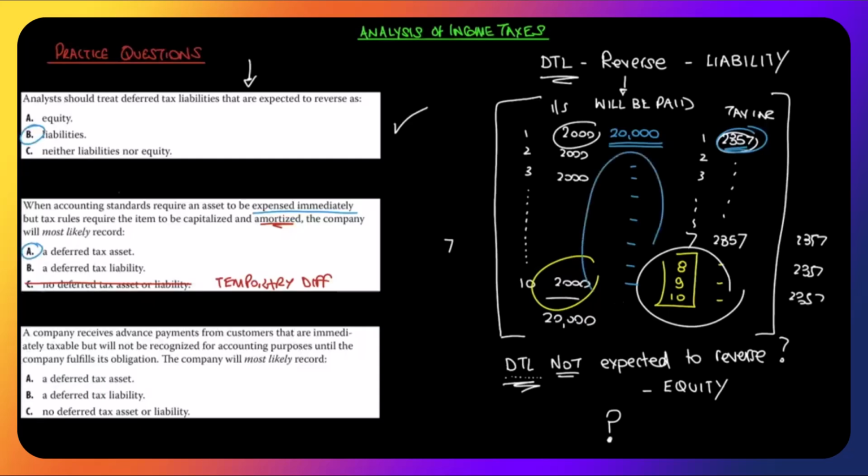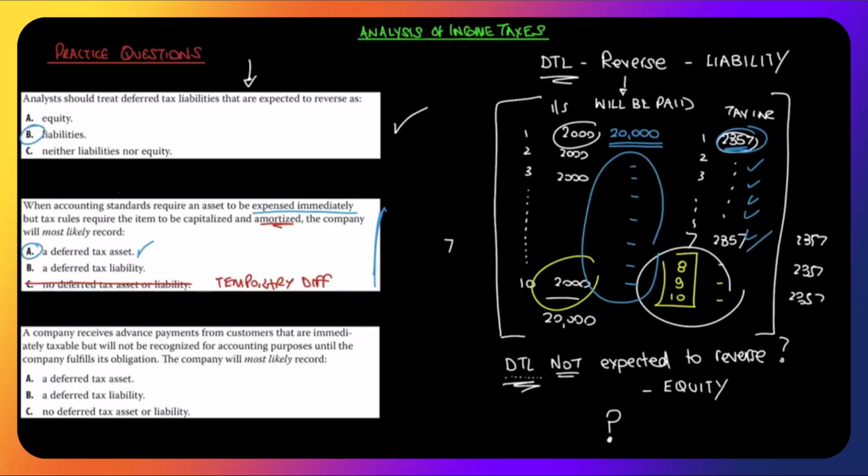In the future, when I've got nothing left to deduct, tax authorities are going to be deducting $2,857 every year. In the future, I'm going to get more relief. I'm going to get a lower taxable income and have the right to pay less tax. Less tax in the future is a DTA. You should be able to see that was the opposite situation to the example we walked through.